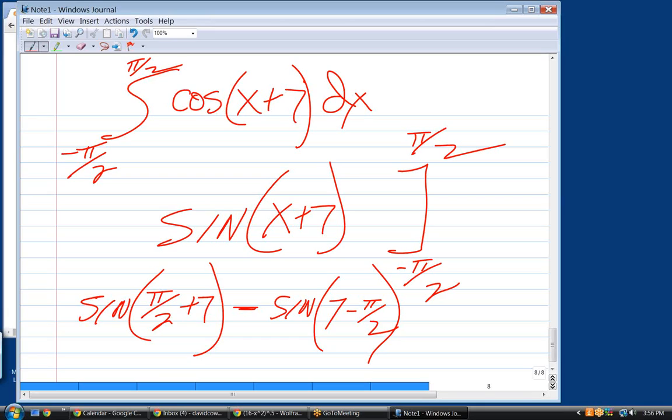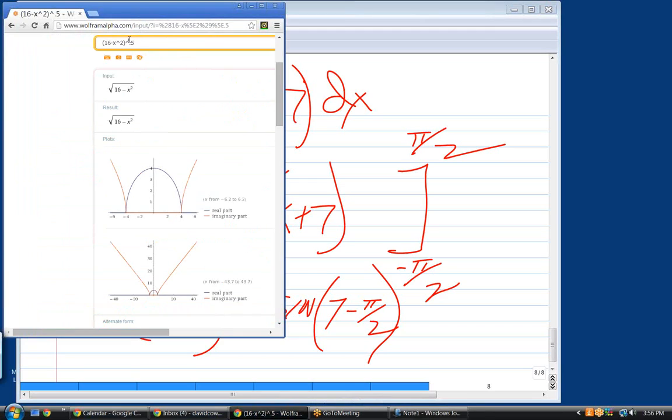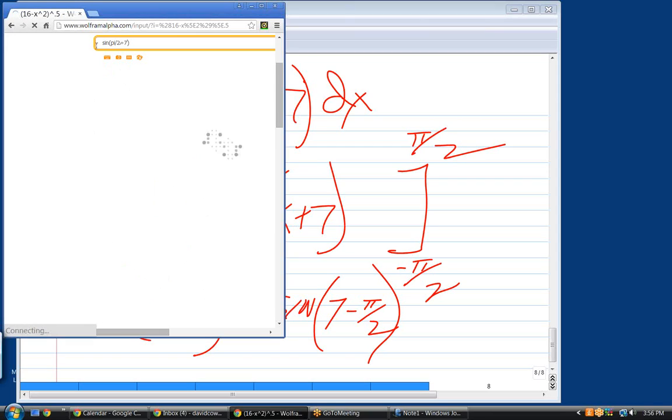If I go into Wolfram Alpha, it'll give me an answer for that. If I type sine of pi over 2 plus 7, let's see what we get. Look at how long it's taken to do it. Why would it take that long?